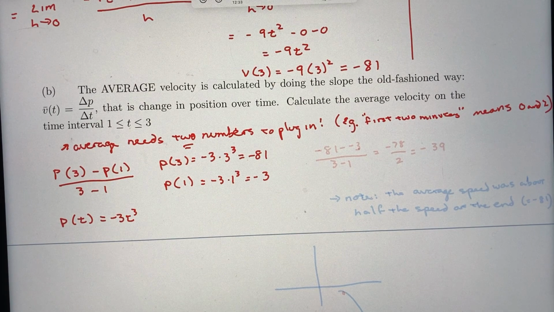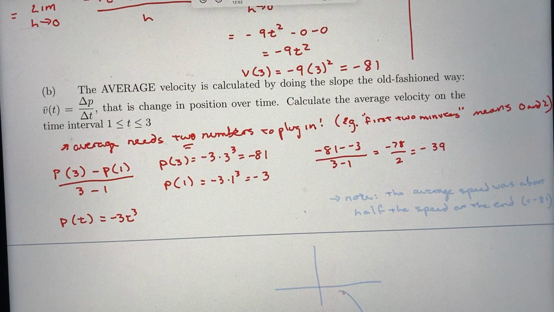So then, what do we have now? We have negative 81 minus negative 3 over 3 minus 1. Negative 39.